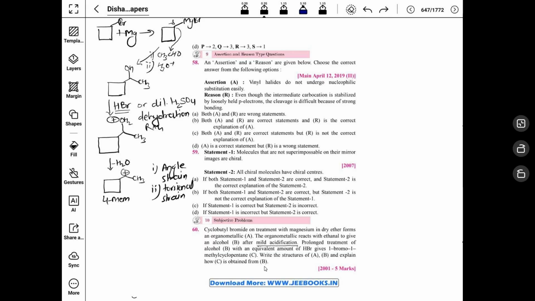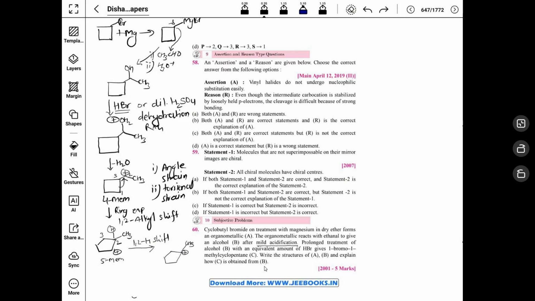Therefore, it wants to stabilize by expanding the ring. So ring expansion will take place through a 1,2-alkyl shift to give the 5-membered ring. So now you can see this is going here, it will come to this place. So this is 5-membered, and now this carbocation again wants to stabilize through a 1,2-hydride shift to give the more stable tertiary carbocation.